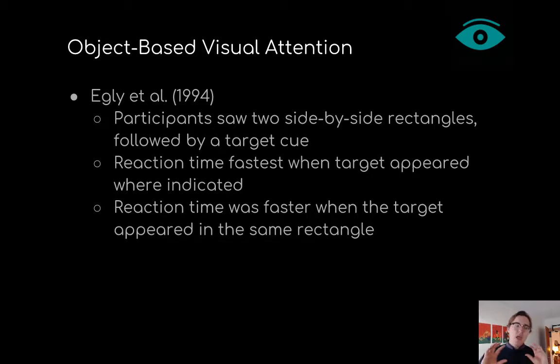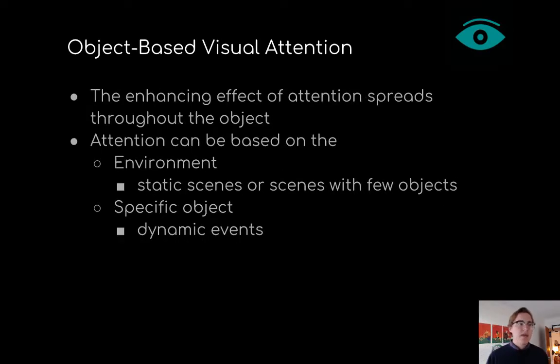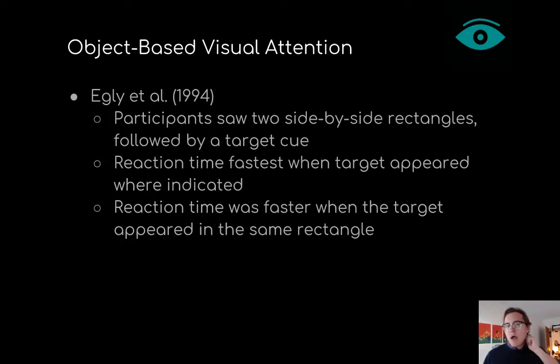But with the timing in between, those invalid and valid cues occurred, but there was also an effect of those rectangles. So if the target appeared in the same rectangle, in two conjoining stimuli, then reaction time was faster than if it didn't appear in the same rectangle.